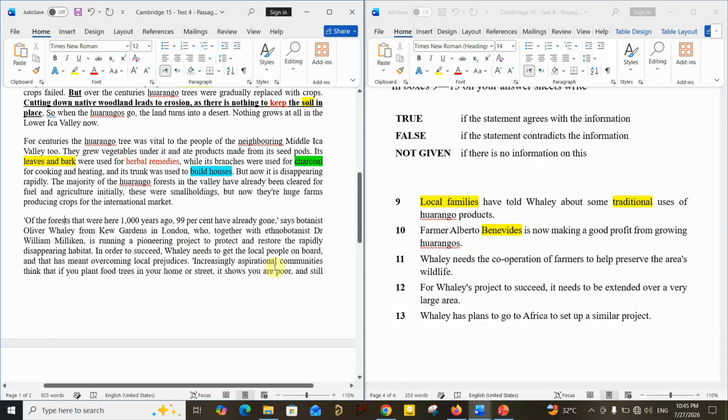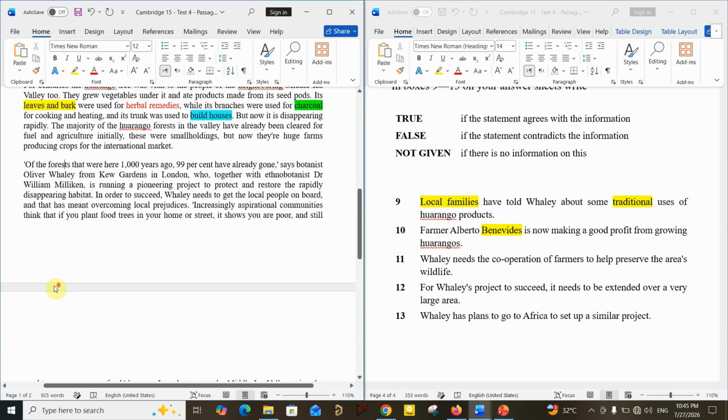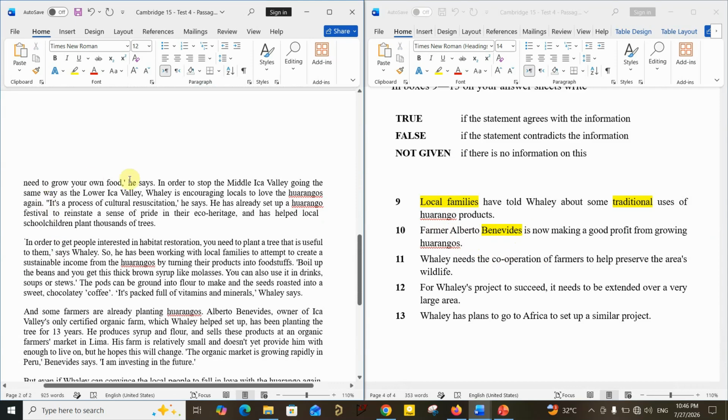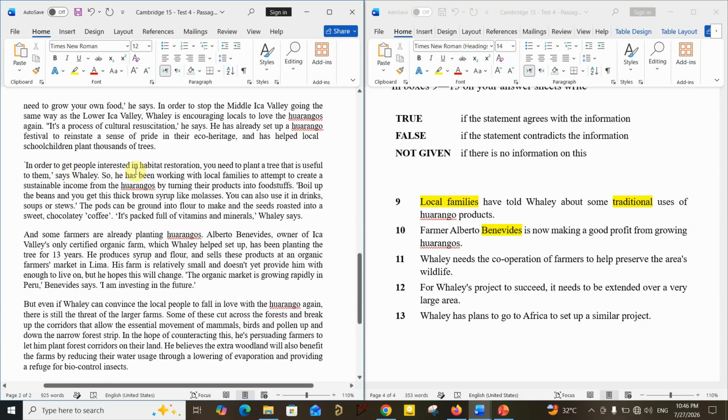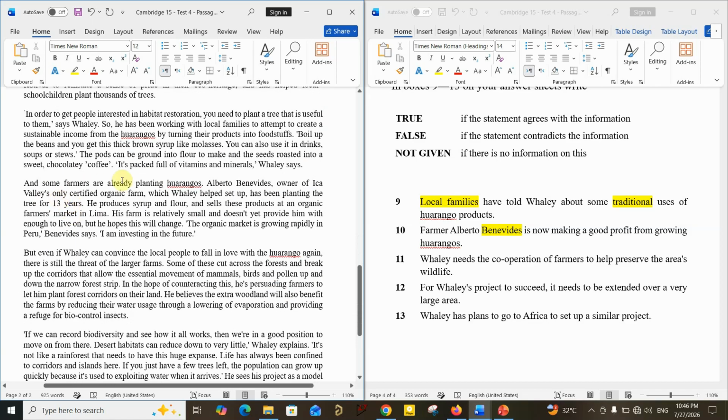Okay, the second question, question number 10, is great to look for that. Actually, always try to find the easiest ones. So nothing there in order to get people interested in habitat restoration. Benefits, no, nothing there. And some farmers are already for 13 years. Again, here, benefits. This is it.